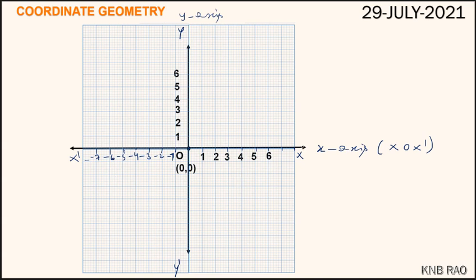This arrow mark shows that this number line is not fixed. It is possible to extend in that direction. Similarly, on y-axis, one part of y-axis, that is OY, was having all positive numbers 1, 2, 3, 4, 5, 6, 7, and so on.